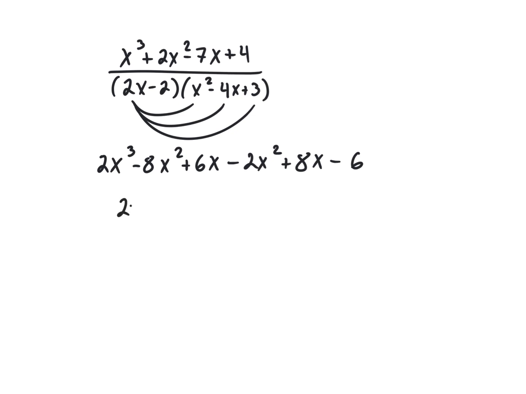So I get the 2x cubed as the only cube. I'm going to combine the squares, which is going to be negative 10x squared. I'm going to combine the x's, which is going to be 14x. Then I'm left with negative 6.